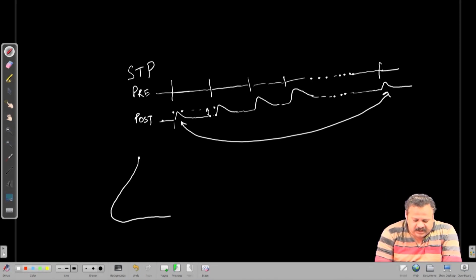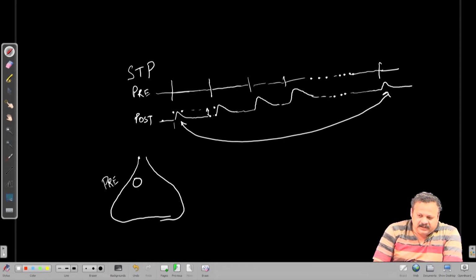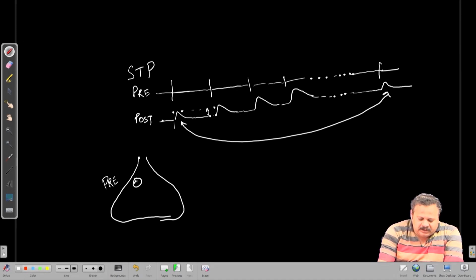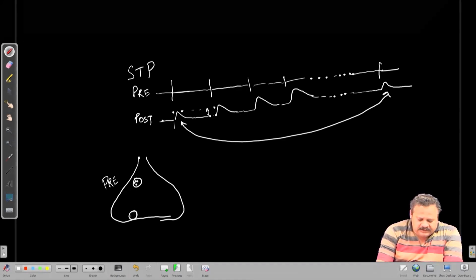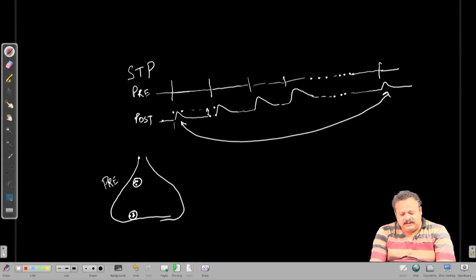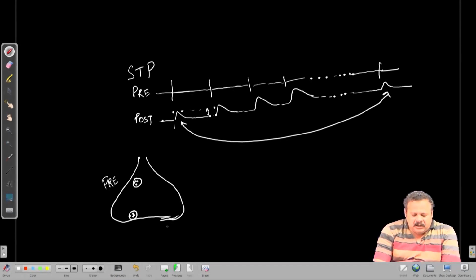So, this is how it may be thought of, that this is the presynaptic terminal. As you may recall, there is a synaptic vesicle that is carrying the neurotransmitter here, and it is primed, or rather it is docked, to be released in the synaptic cleft, that is, the neurotransmitters will be released.